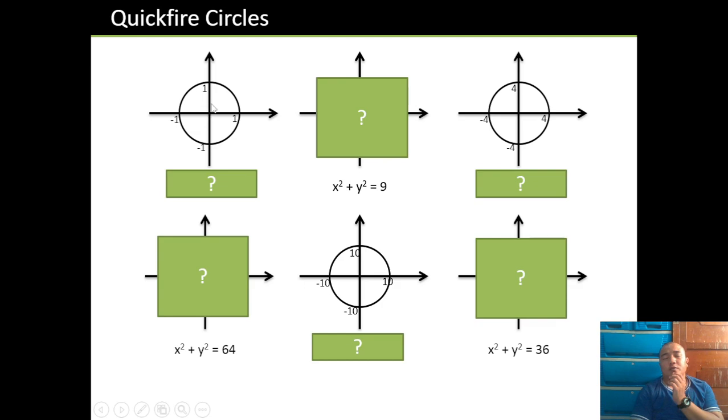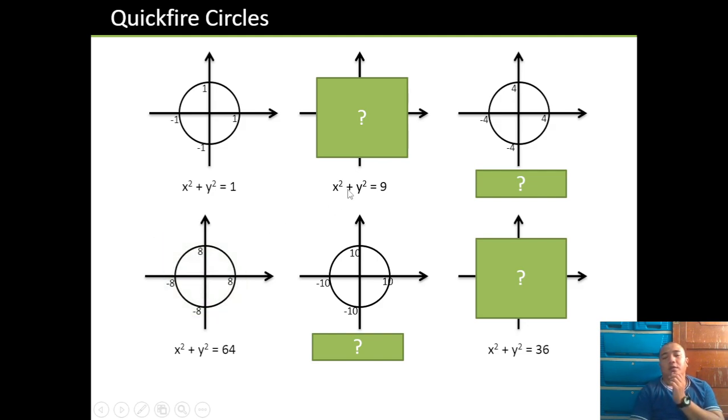So, quick practice on circles. What is the equation of this? Very easy: x squared plus y squared equals 1. How about this? X squared plus y squared equals 64. Of course, center is at the origin, radius is 8. Then, how about this? X squared plus y squared equals 9. The center is the origin, radius is 3.